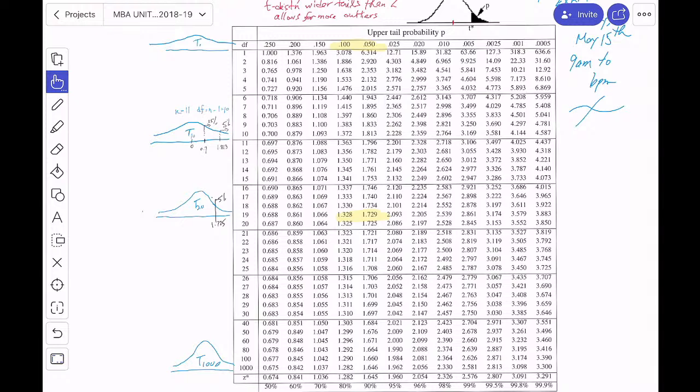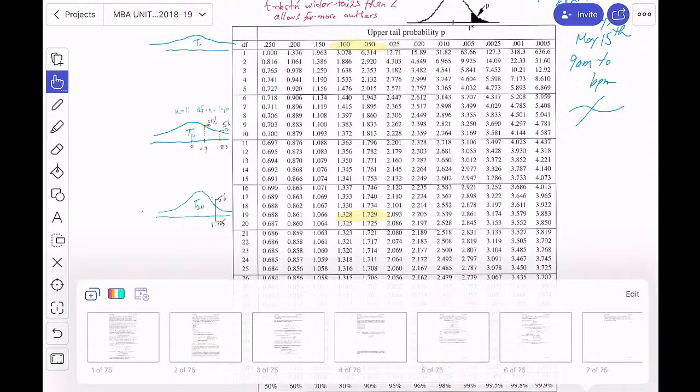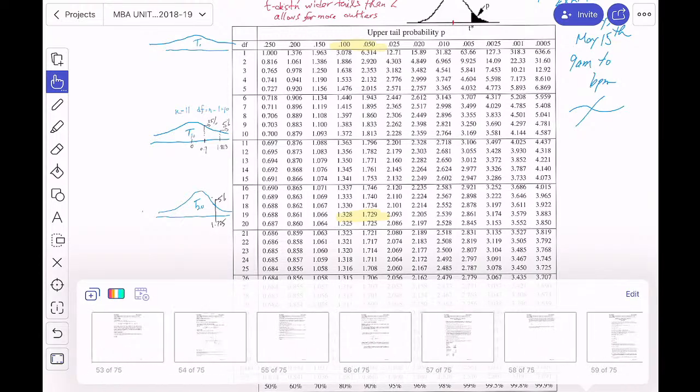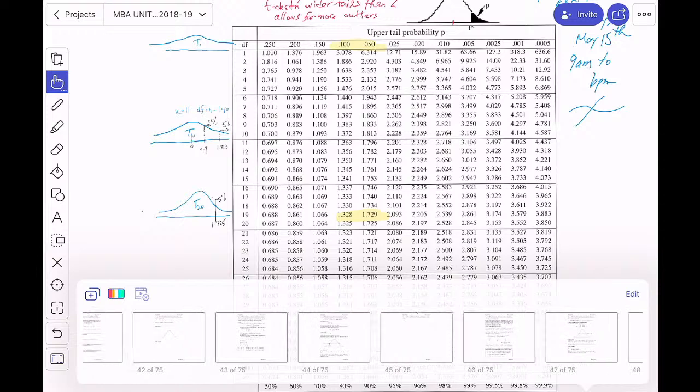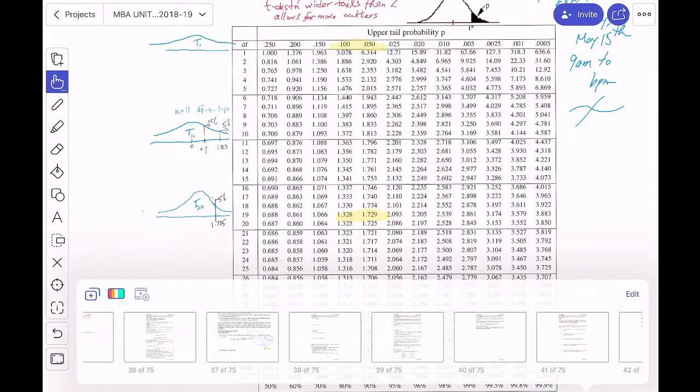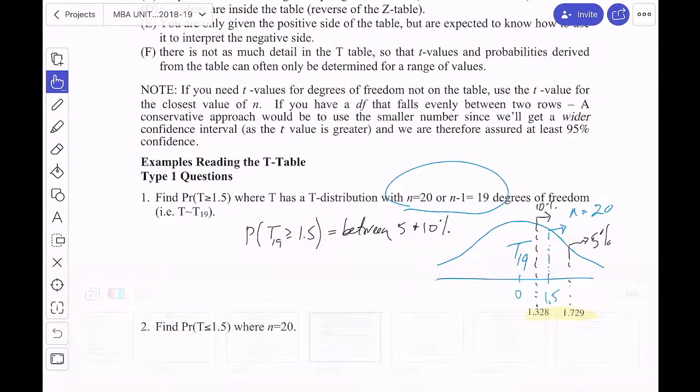Okay, so then let's get the exact answer in Excel. We know it's between 5 and 10%, but let's find it in Excel. So we're going to type 1.5 on the t distribution, 19 degrees of freedom, right?